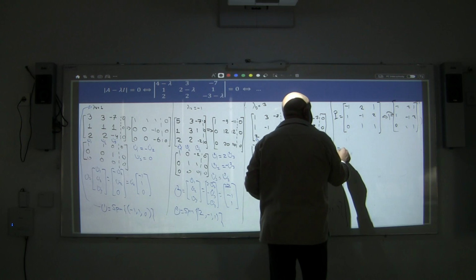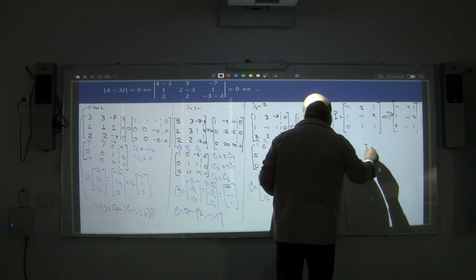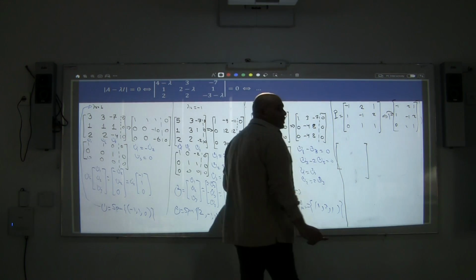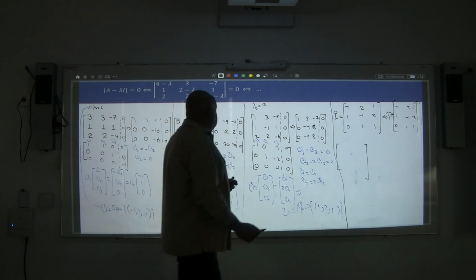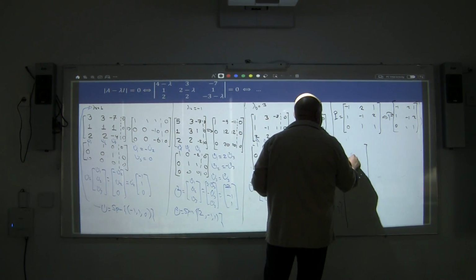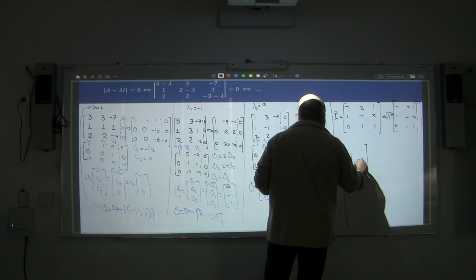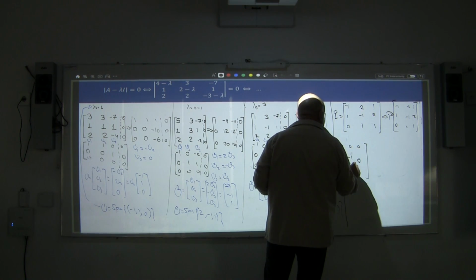Now I will find the diagonal matrix, where its elements are the eigenvalues, which are 1, negative 1, and 3, and the rest are 0.